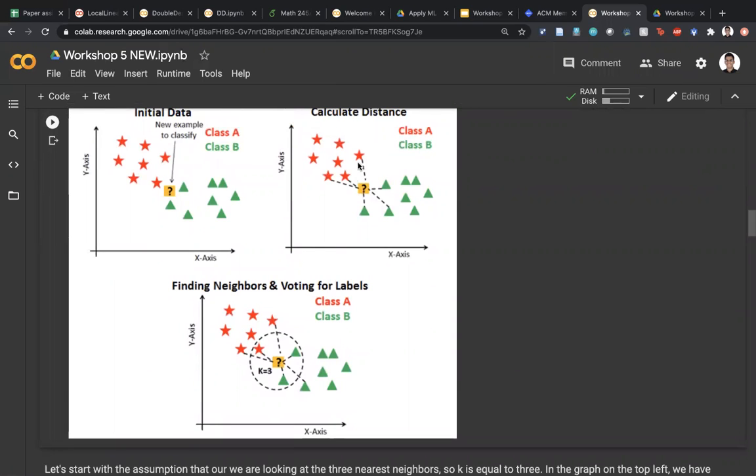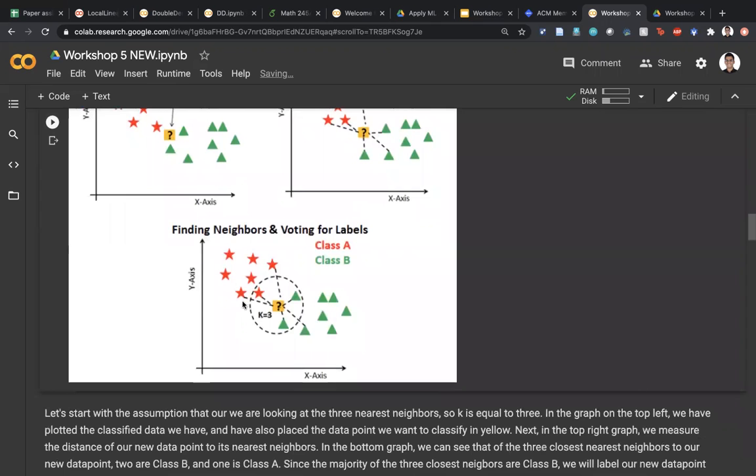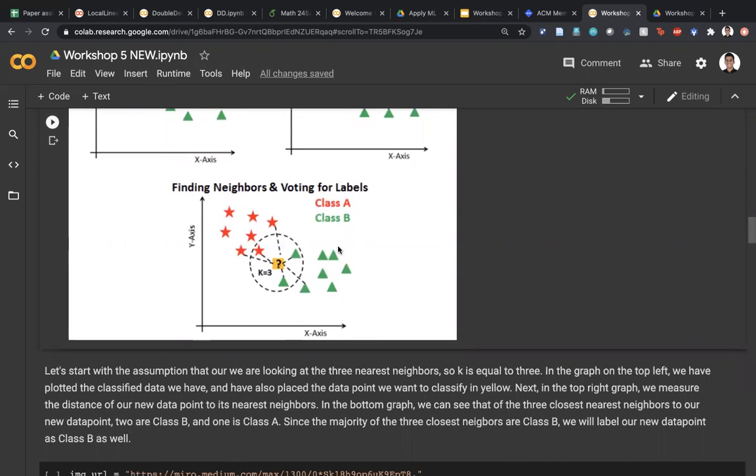Those would be these 3 red stars and the 2 green triangles. You see that it's closer to the red stars than the green triangles, so I'm going to classify this new point as class A. This is a very intuitive algorithm. Basically, you assign unseen data to the closest cluster that it's a part of.